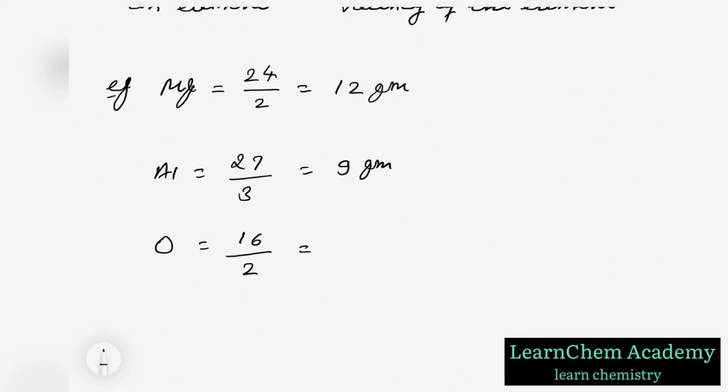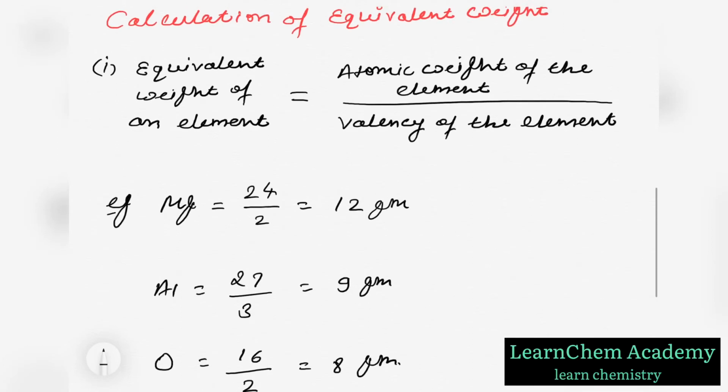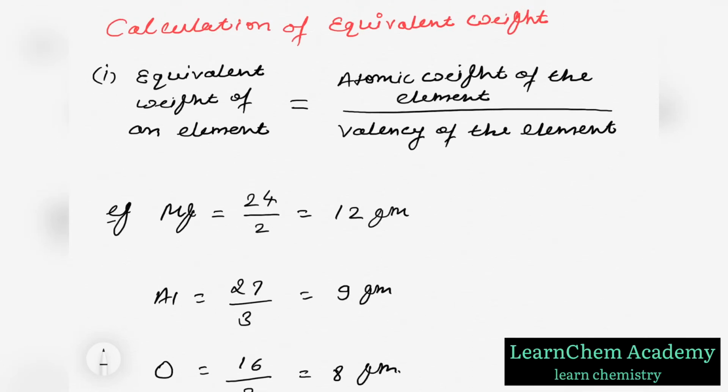So here we get 8 gram as the equivalent weight of oxygen. Okay, so this is very simple. We can calculate the equivalent weight of an element, which equals the atomic weight of the element divided by the valency of that element.